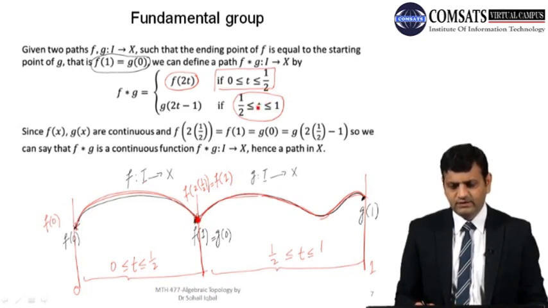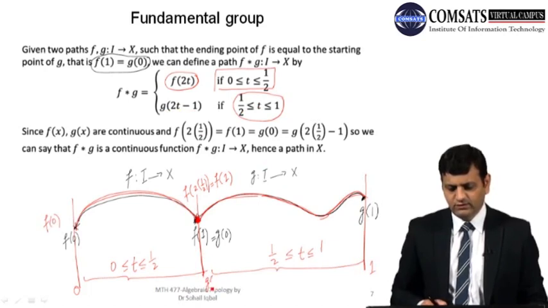Similarly in the case of g(2t - 1), when t is equal to 1/2, let's see what is g(2 into 1/2 - 1).